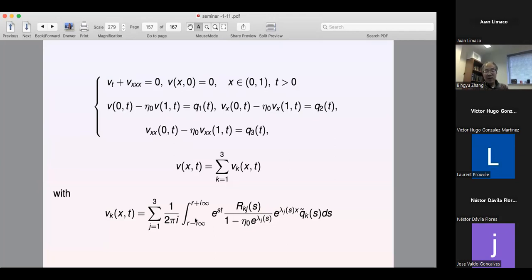Then use inverse Laplace transform, you can get the solution back. So you can get the solution is sum of those 3 terms, and each of term is like this. So you conduct the inverse Laplace transform. Okay. However, this one is not explicit enough. Then you can just use contour transformation. Okay, and you can make it more explicit.